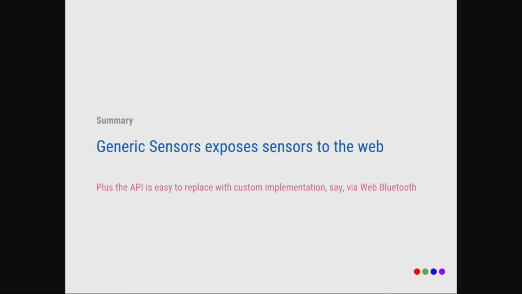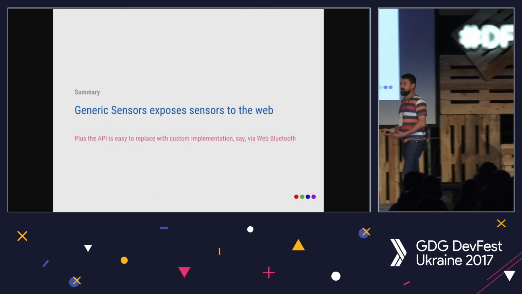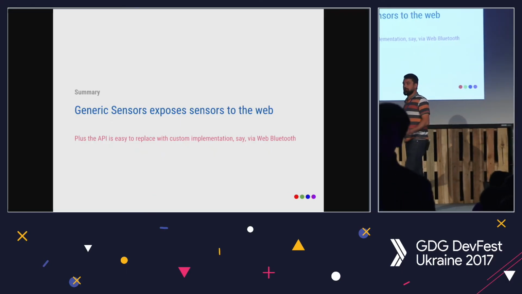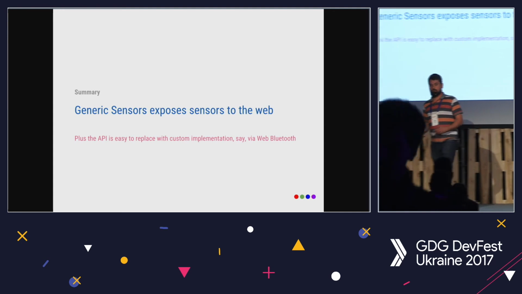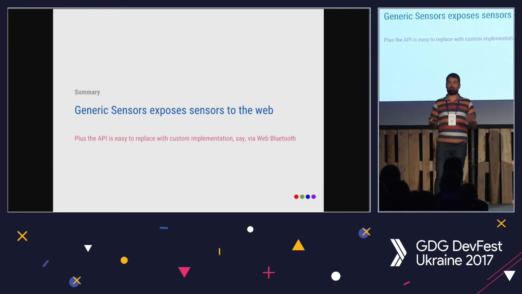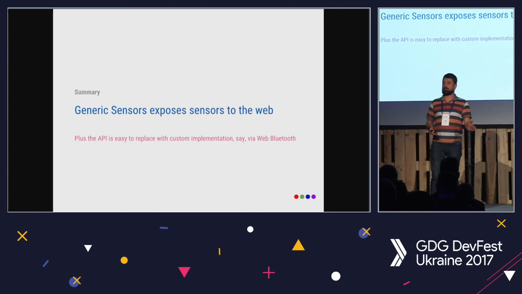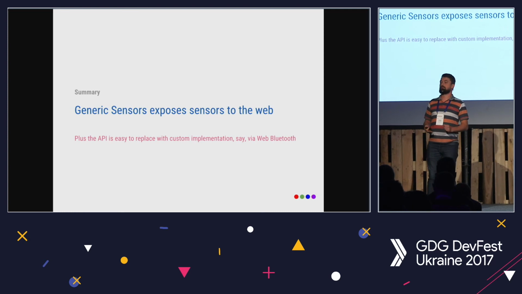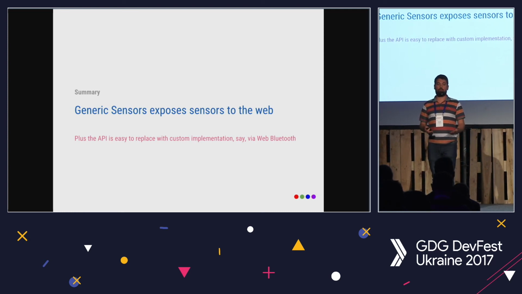If you've never heard about an origin trial, this is a new way that you can start using new APIs before they're widely available, before they're shipping. Basically, you go to a special website by Google and you sign up. You say, I want to be able to use this new API on my website for the next Chrome release. Then Google will give you a token.